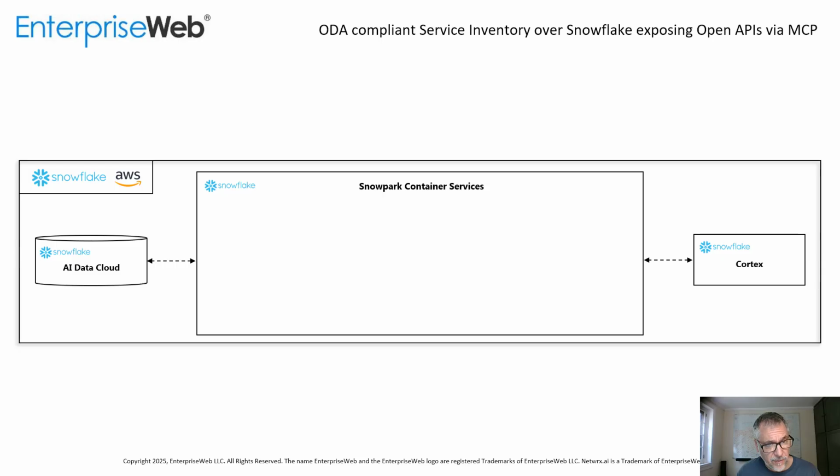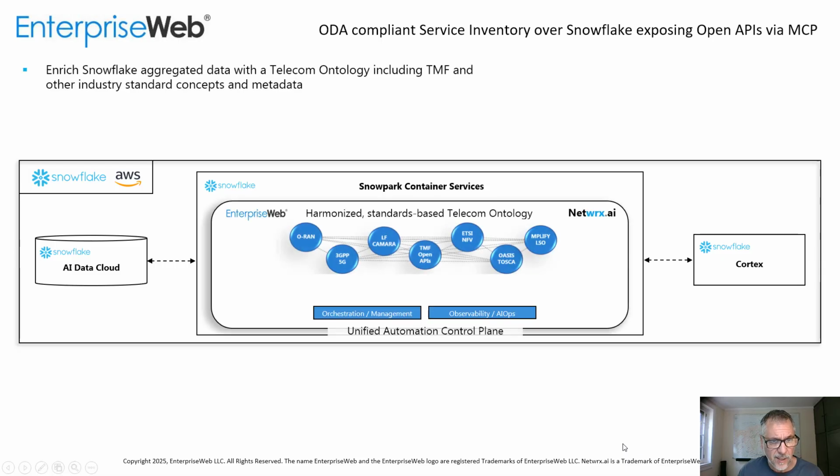Based on the cloud-native serverless nature of EnterpriseWeb, we can actually deploy a very rich system, a context-aware information system, right inside, running co-located over the telco data, running in a container in the Snowpark Container Services. So that's what that looks like. EnterpriseWeb is running as a cluster of pods inside Snowflake. You can see the Telecom Ontology is now local to the data warehouses.